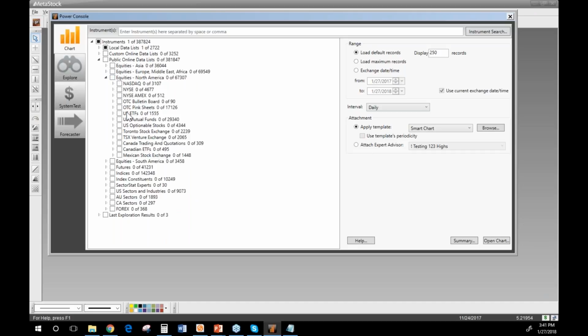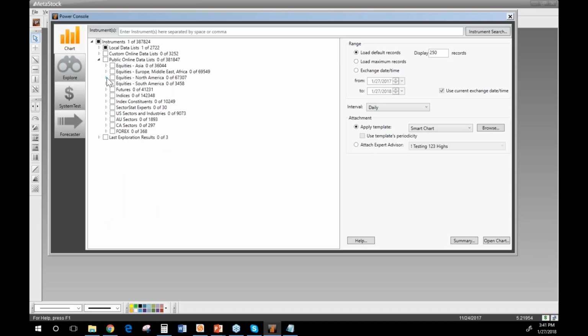North America, we break things out, so if you just want to scan on ETFs, you can, or mutual funds, you can, et cetera. We also have lists of all the major index constituents in case you want to scan or test against just the S&P stocks. We will be mostly dealing with charting today, but this is a scanner.